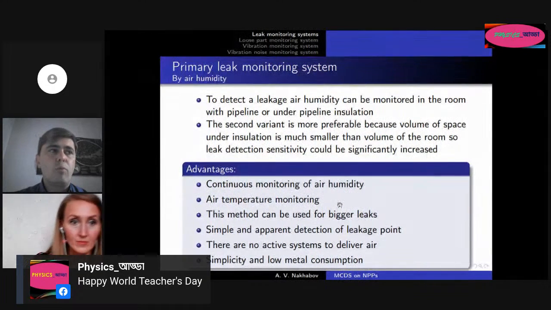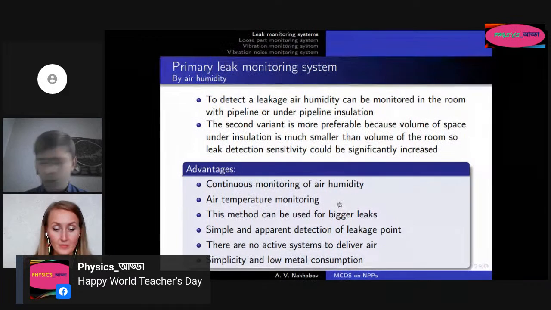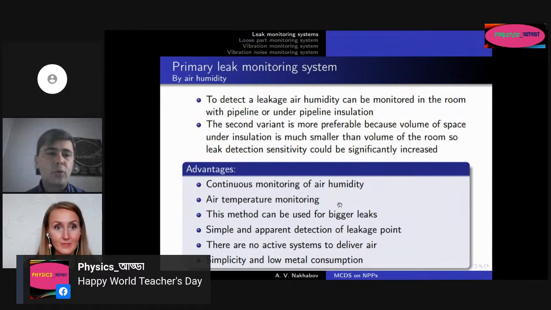All pipelines are closed from the outer side by special thermal insulation screens. It means, by the way, that in case of leakage it's just impossible for personnel to find this leakage by eye, because all pipelines are closed, and you will see a possible leakage only in a severe situation, not in a small leakage.